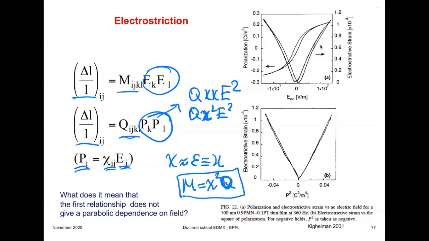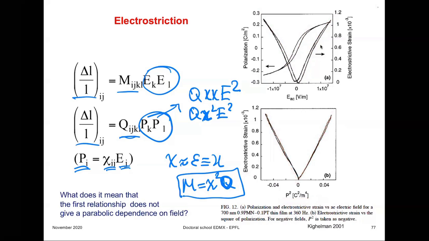And what that means is that if we plot here, for example, polarization and electrostrictive strain as a function of field, we see that in most materials, polarization is nonlinear, and that strain is not parabolic. It's parabolic at low fields, but at high fields, where polarization is no longer linear, it starts bending. If you do it as a function of P or P squared here, you will get a straight line.